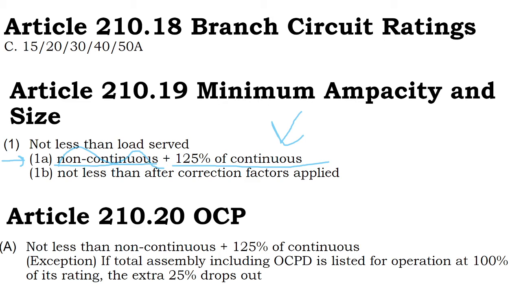So to make sure that our wire ampacity is rated for the appropriate size, we find our ampacity, and then we say our ampacity for the circuit is this much, and so our wiring has to be 25% larger so that wiring doesn't burn up.